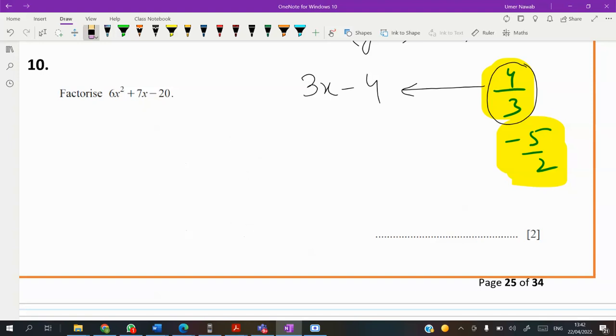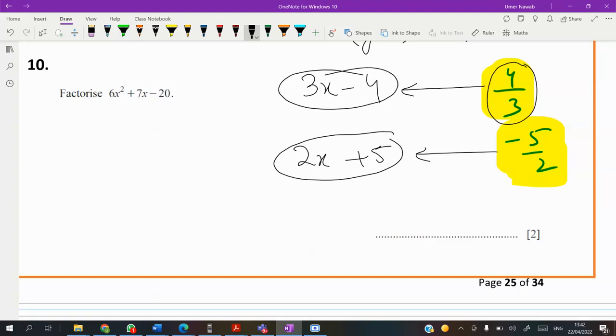Can I write the factor of minus 5 over 2? For sure. 2 multiplied with x, and minus 5 changes to plus 5. So these are the two factors which you can take out from the critical points which you got from the calculator. So I'm going to write my answer in the answering space: 2x plus 5 and 3x minus 4.